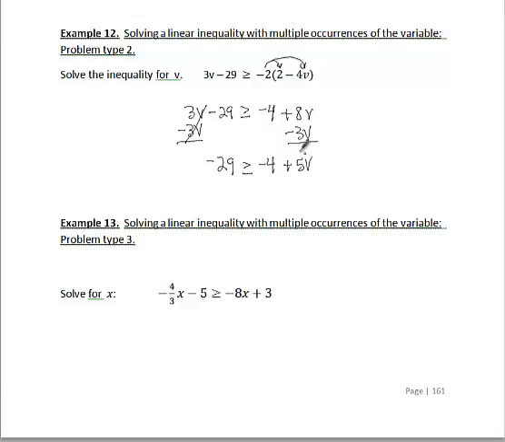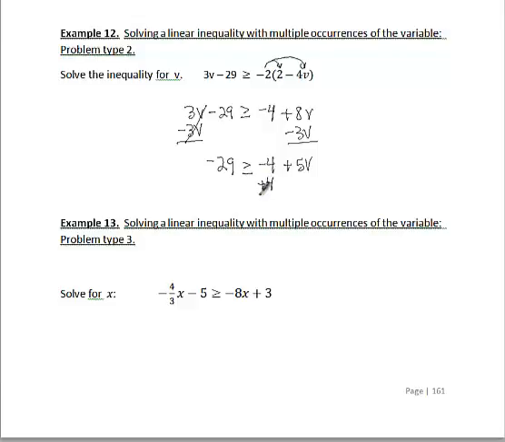Okay, and so I have a positive number in front of my v. That way when I go to divide, I won't have to flip the inequality. But v's only on the right side now, and so I merely want to get rid of the negative 4 and the 5.